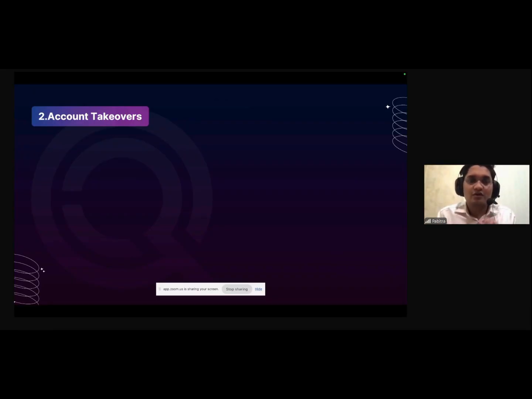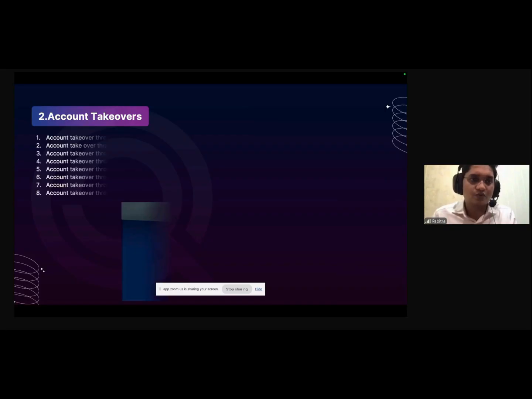For example, if you log in to your Facebook, you need your username, password, or multi-factor authentication if you set it up. But how can a hacker, without doing a phishing attack or malware attack, just by exploring the software and SaaS product, take over the account? There are several ways to take over an account.